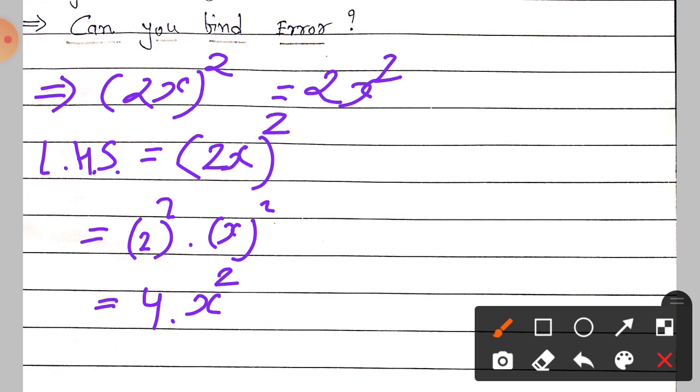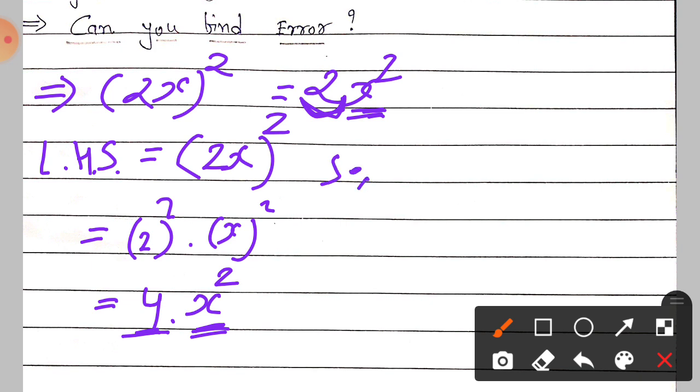But in the RHS, that is x square. Yes, x square is right, but there is a mistake here. The answer is 4 and here written is 2. So what we do, write the correct statement.